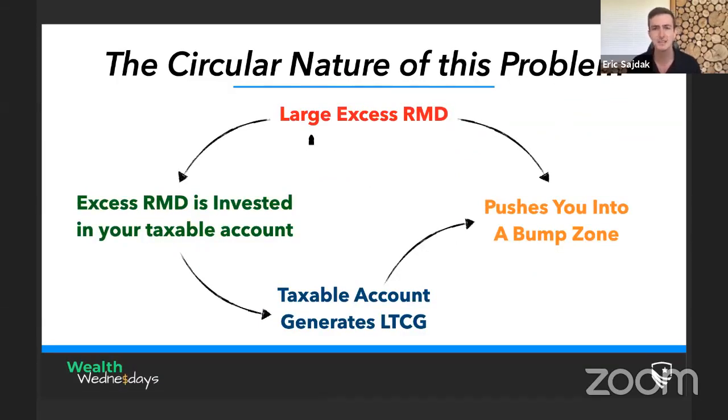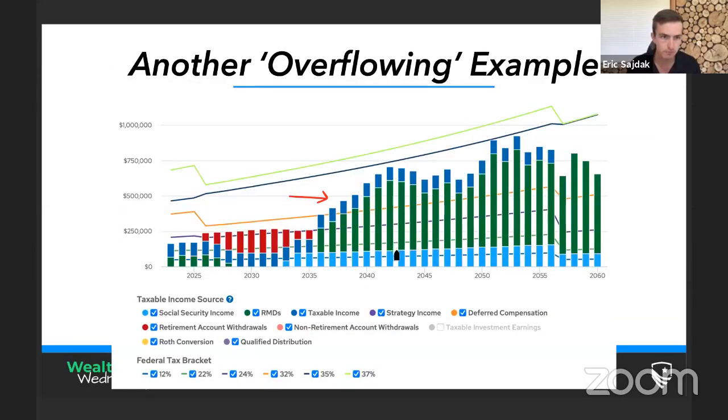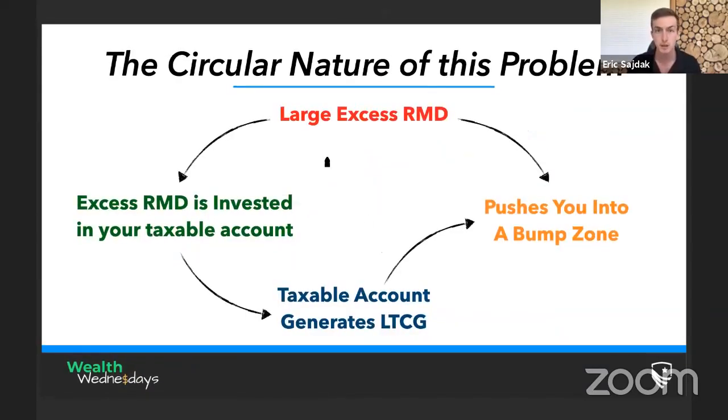Well, this person is obviously going to have a large excess RMD. We see here these RMDs are going to be anywhere from $200,000 to $300,000. So this is a situation where this person has quite a bit of money in traditional IRA assets. Okay, so if they don't deal with that RMD problem, what's going to happen?